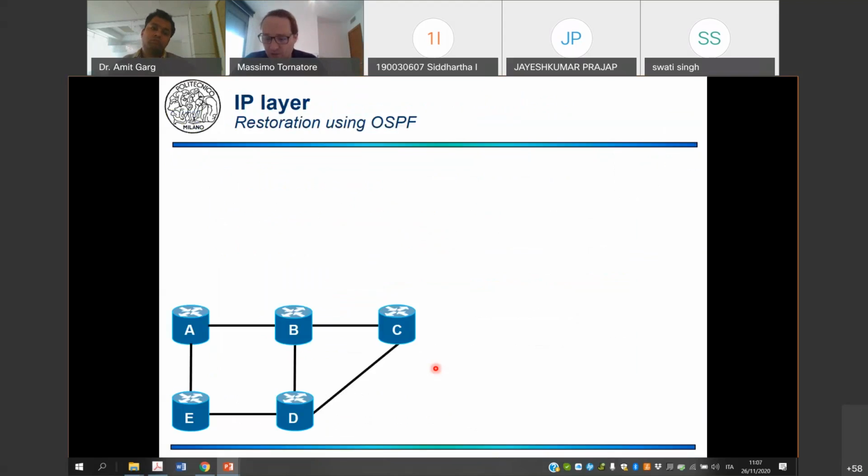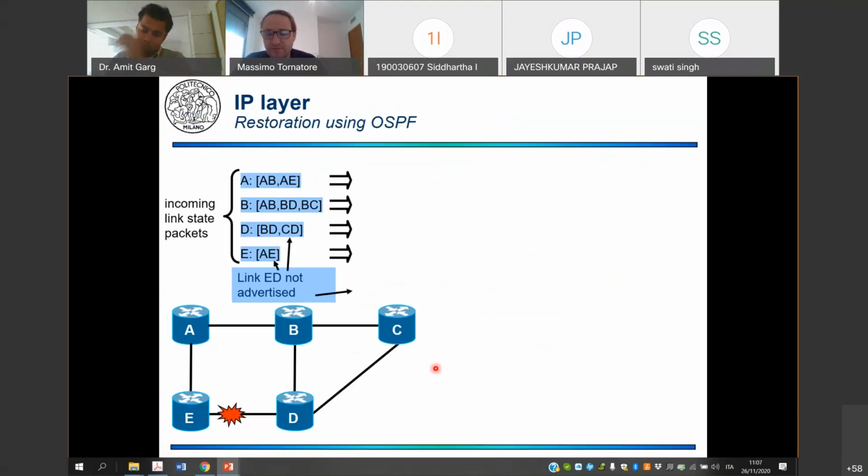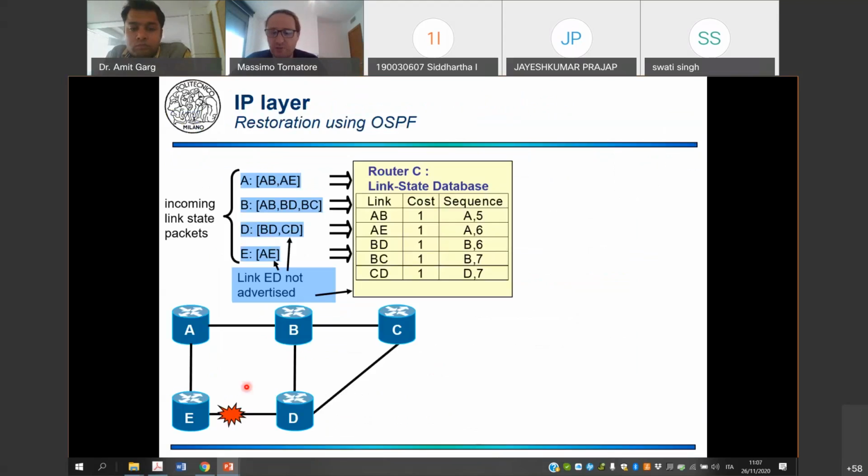In the IP layer, if you have a failure, like this failure between E and D, automatically the link state advertisements of the routers, the OSPF messages, will advertise that this link is no more present in the network.